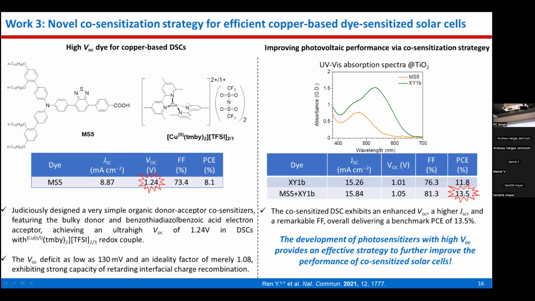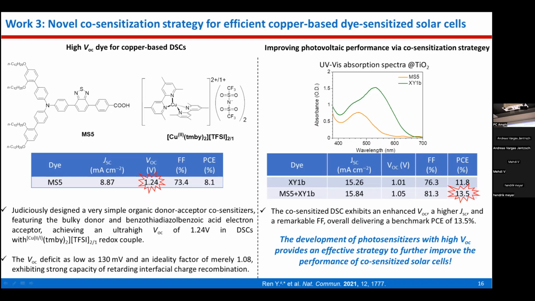The VOC loss is as low as 130 millivolt with the ideality factor close to 1. It means this dye can suppress the charge recombination very well. So it's very promising to be used as a co-sensitizer to achieve a very high efficiency solar cell.